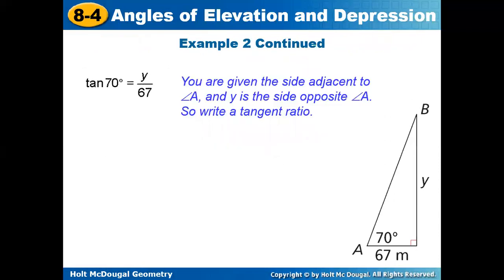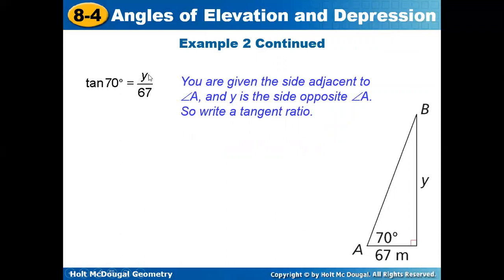Yes, we have tan. Because tan of the angle is equal to the opposite leg over the adjacent leg. And in this question, the angle is 70 degrees, the opposite leg is y and the adjacent leg is 67. Now from the previous lesson, how can we find the value of y?